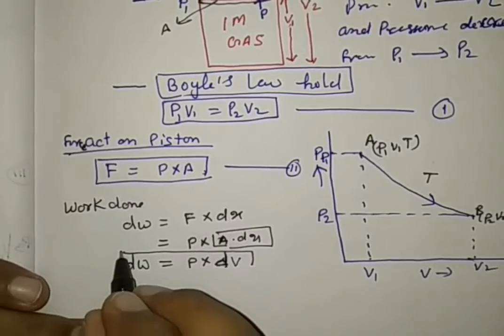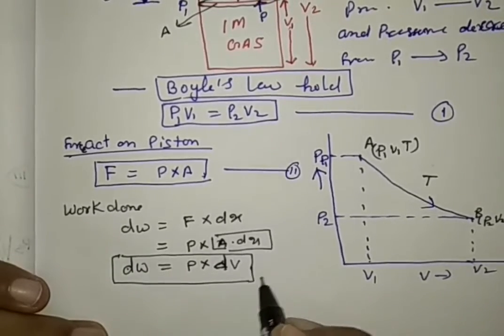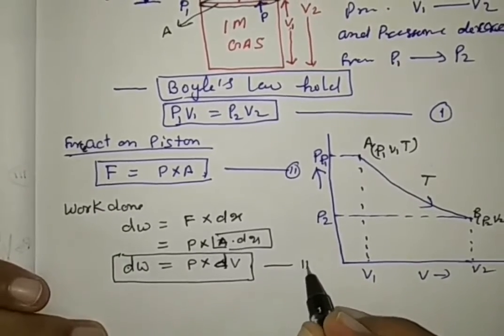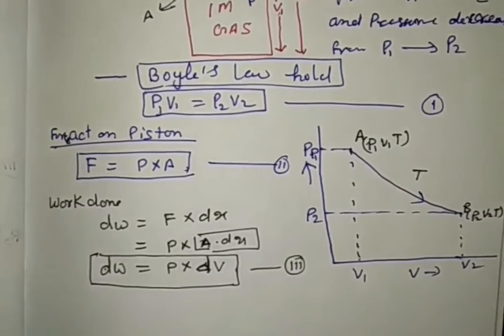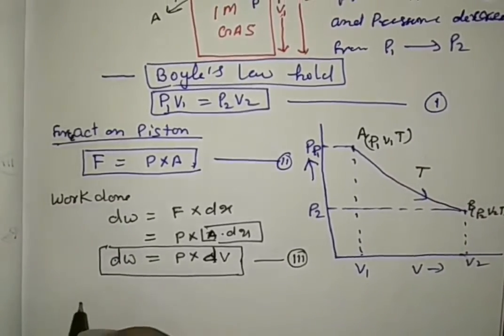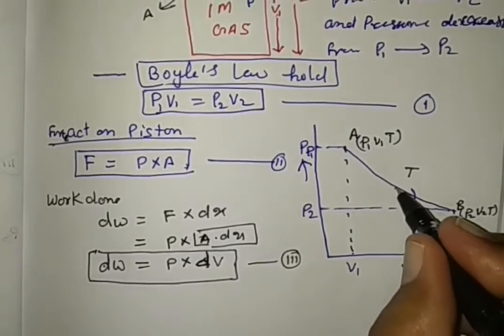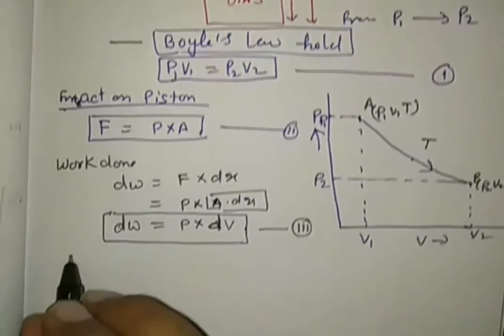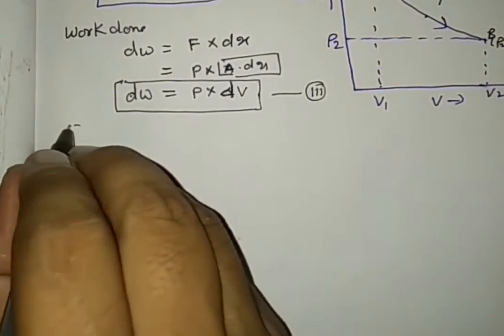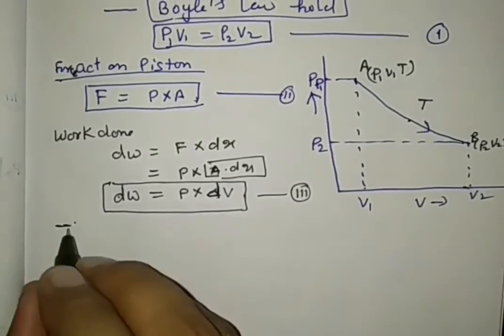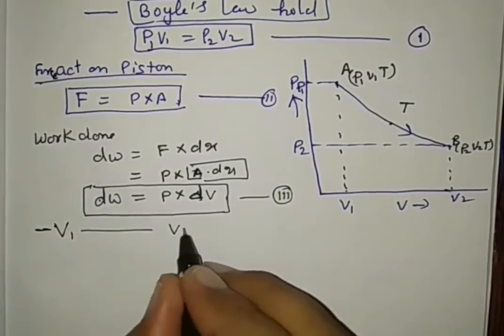If the system changes from A to B, the volume changes from V1 to V2.